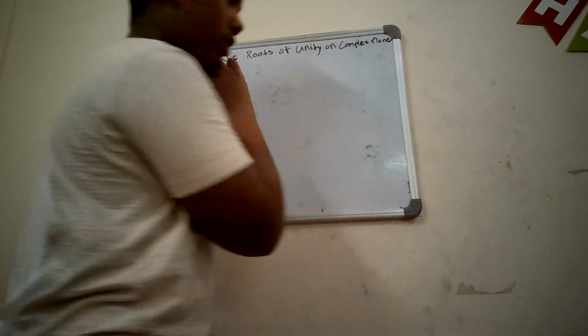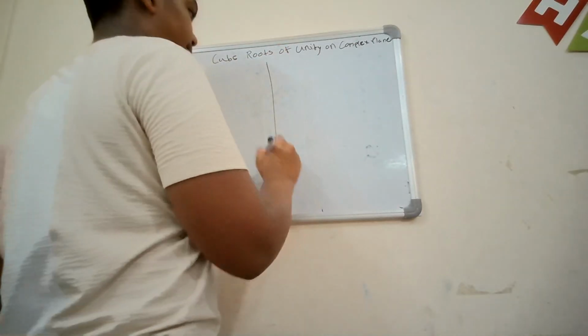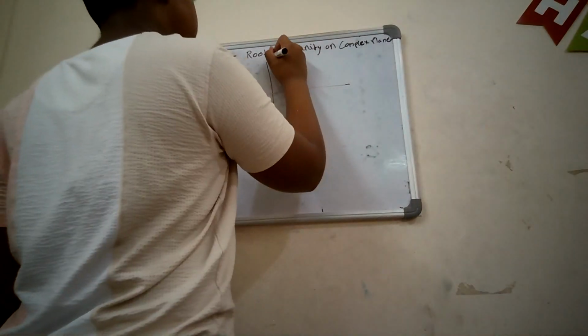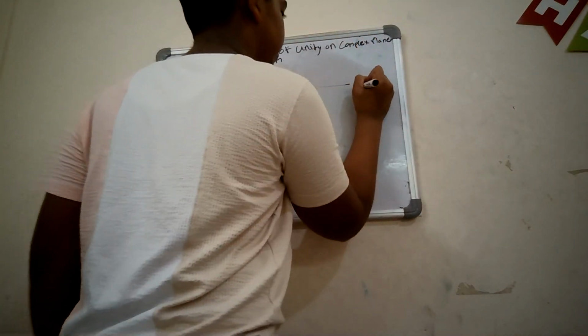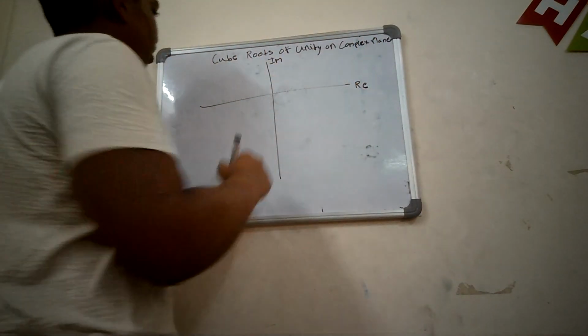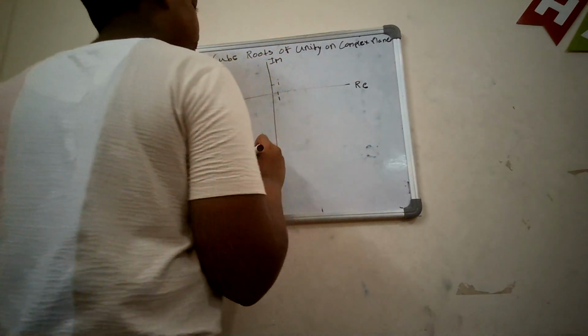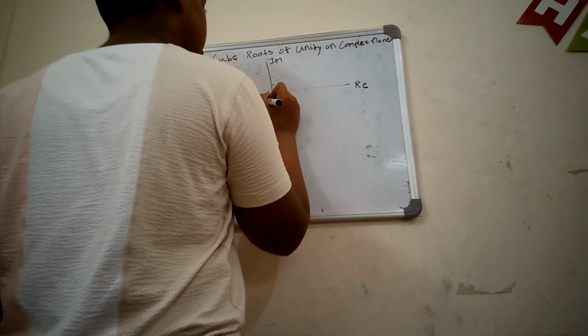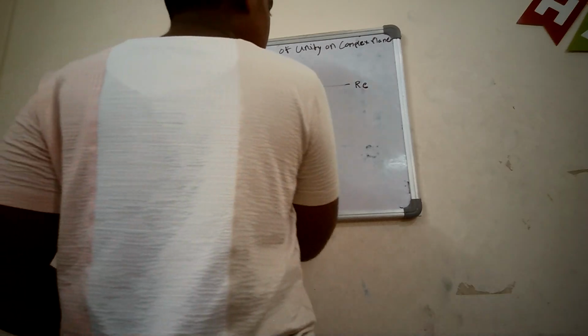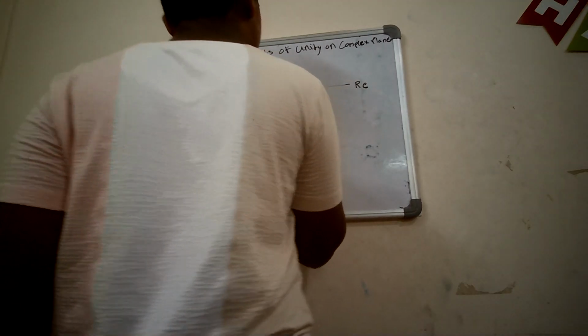Okay, let's draw a little graph. This is my imaginary axis. This is my real axis. This is 1. This is i. This is negative 1, and this is negative i.